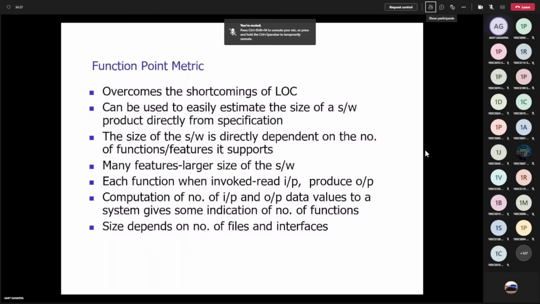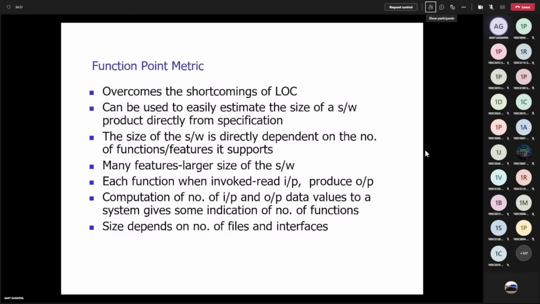Okay, so many features means a larger size of the software, and every function is always going to take input. So every function, when you invoke or execute it, will read the input and produce the output. Right? So here what you have to compute is the number of inputs and the number of output data values.